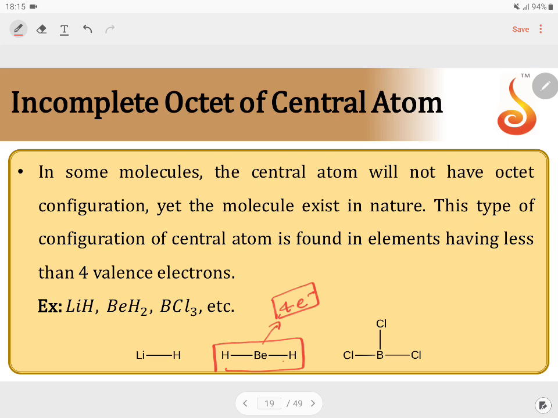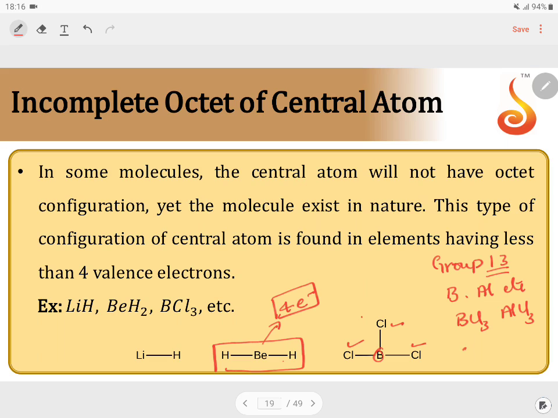Similarly, consider compounds of group 13 elements, such as boron and aluminum. You have boron trichloride and aluminum trichloride. In these compounds, the central atom, boron or aluminum, has only 6 electrons because there are 3 bonds.